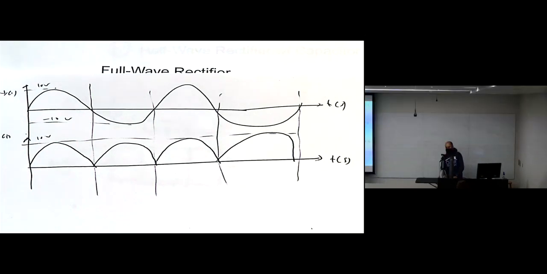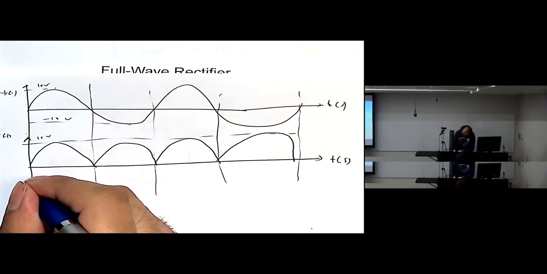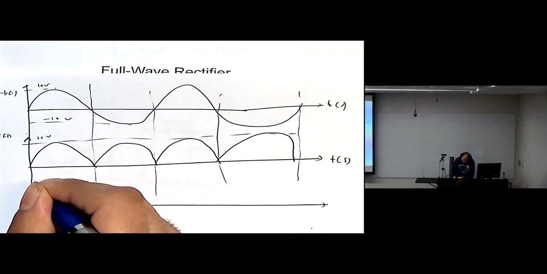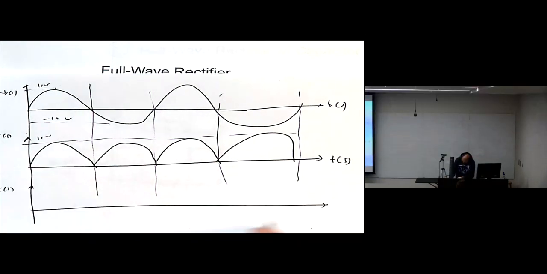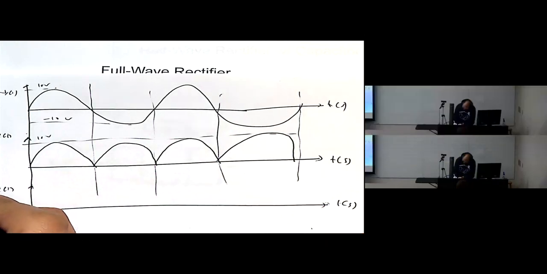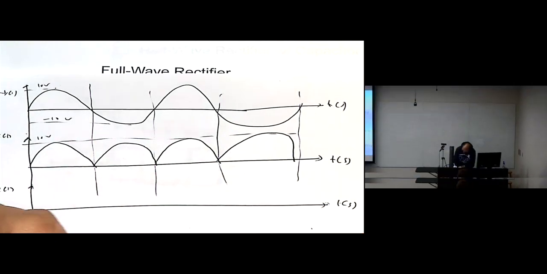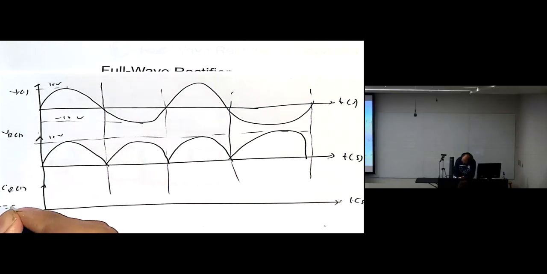So the equivalent circuit looks complicated, but the concept of operation is like this. What about the currents? Let's assume the resistor equals 2 ohms, then it is V over R, which is 10 over 2, which is 5 amperes.